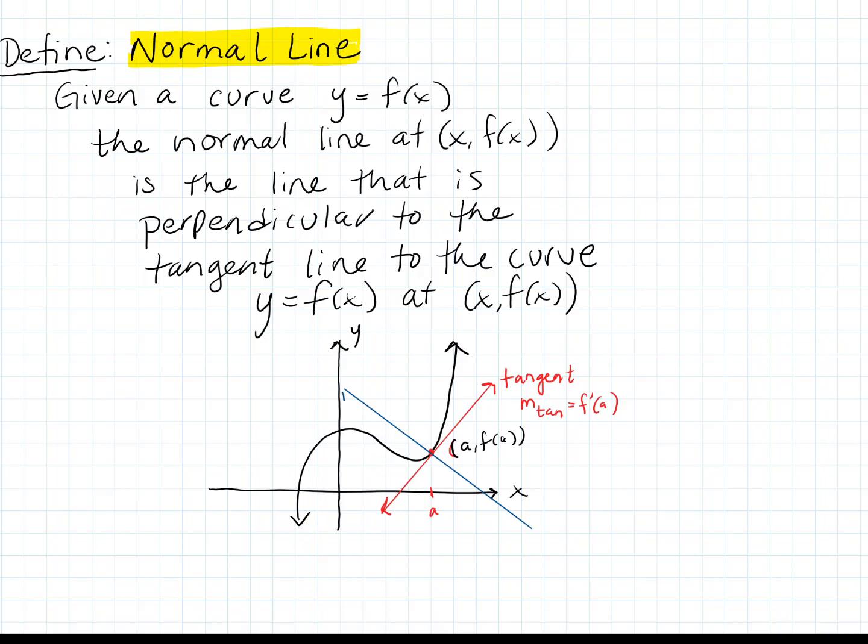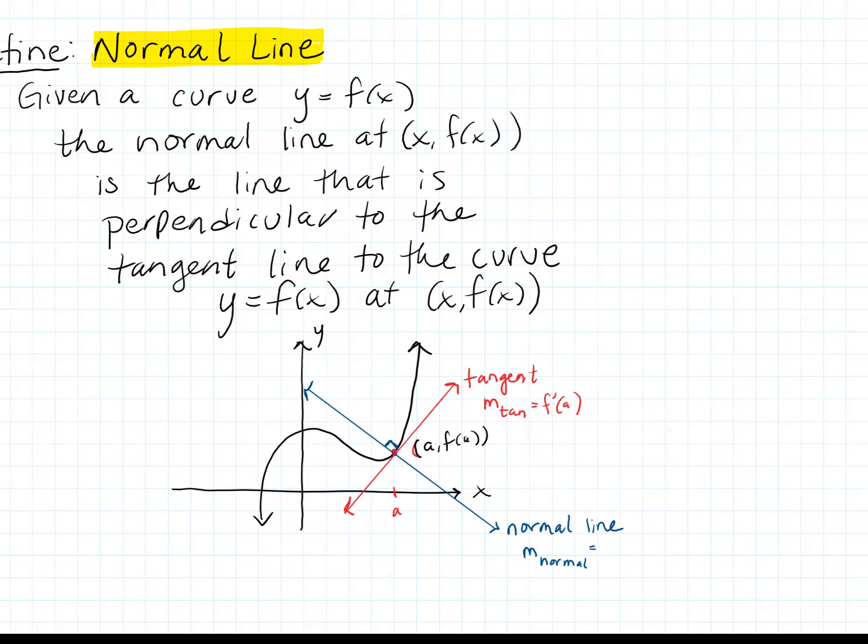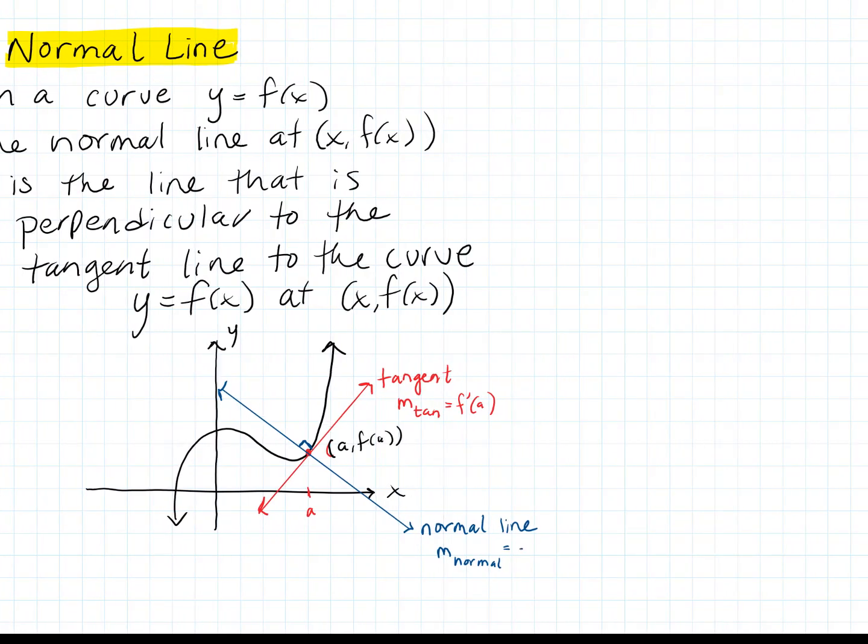This line right here, where this is a 90-degree angle, is the normal line. The slope of the normal line is perpendicular to the tangent, so it is the negative reciprocal of the slope of the tangent line, or -1/f prime of A if we want to get very specific.